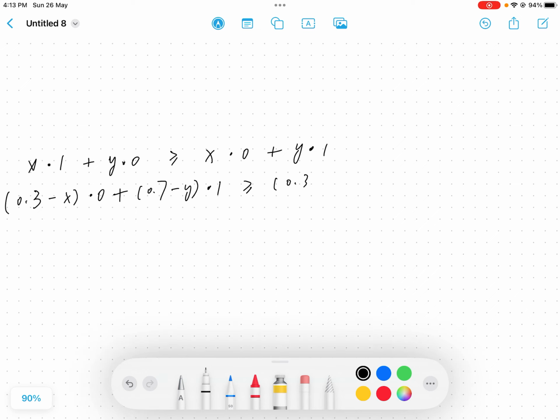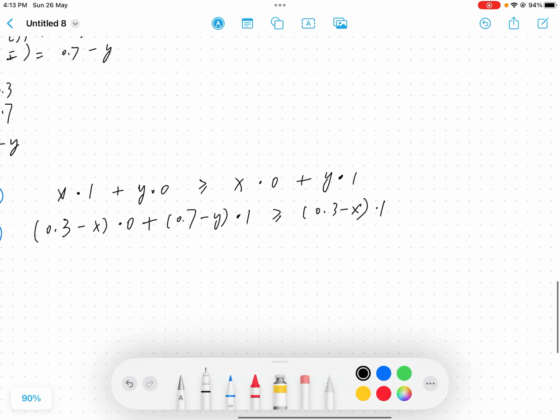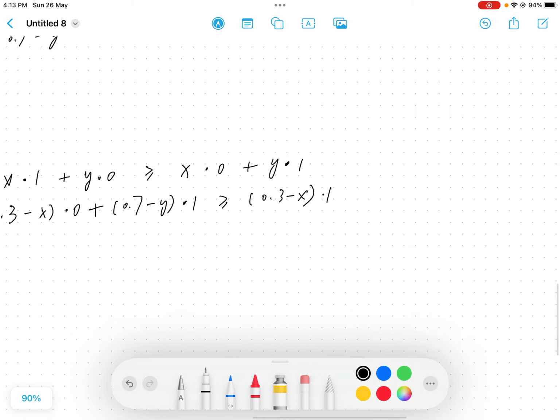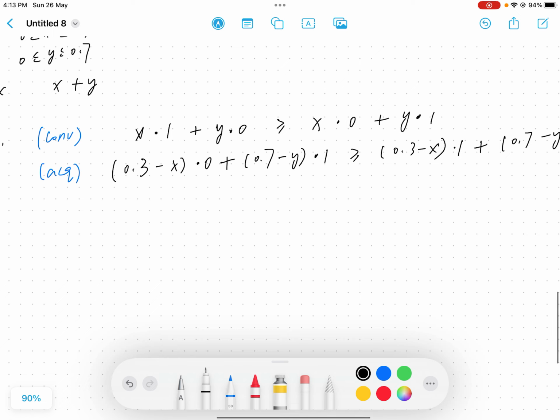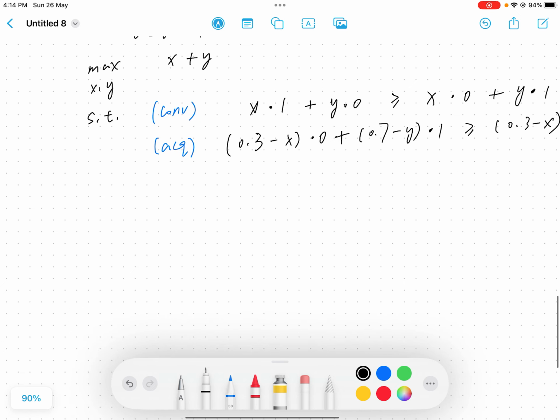Correspondingly, this is 0.3 minus x times 1, and we can always verify those results from the numbers later, if you wish to do so. Plus the last term, 0.7 minus y times 0. This is the deviation, which has a smaller utility. And that's the constraints that we are going to use.